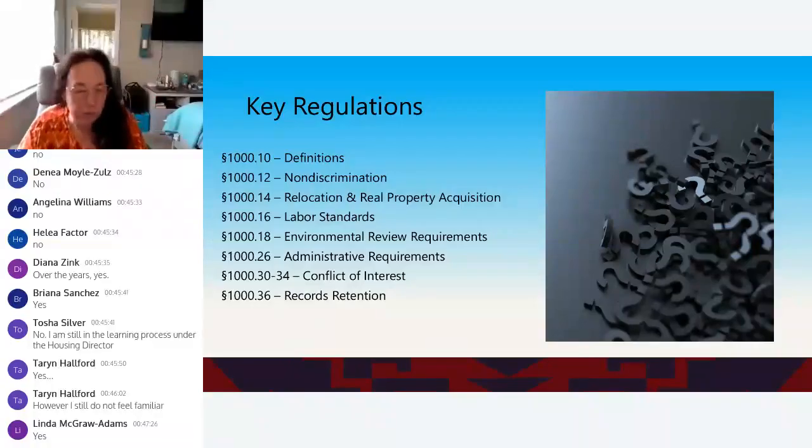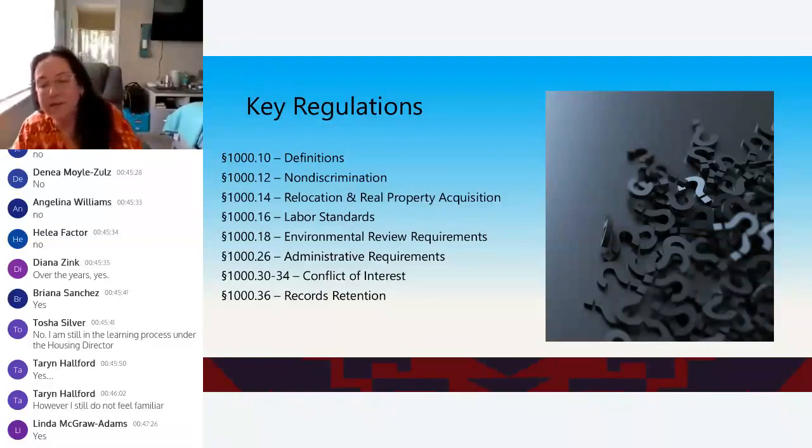When we do building, we have to follow the labor standards, which you can read about under 16. Our environmental review requirements are under 18. These are other federal programs that we have to make sure we are adhering to with our program. As I said, we're very, very heavily regulated when it comes to this stuff.